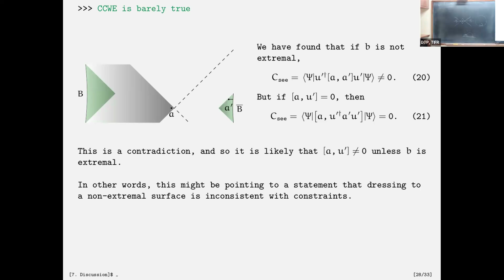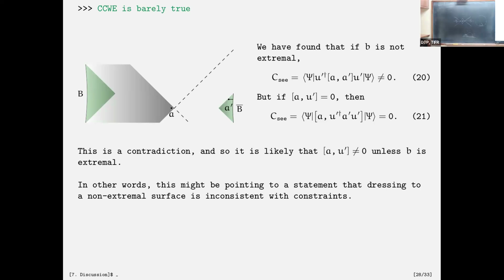So now this is 0 up to exponential corrections, assuming U prime actually lives in the complement of the system. But we found that that's not true, which suggests that this assumption 3 almost fails. It only works for extremal surfaces, and that was what made the argument possible.